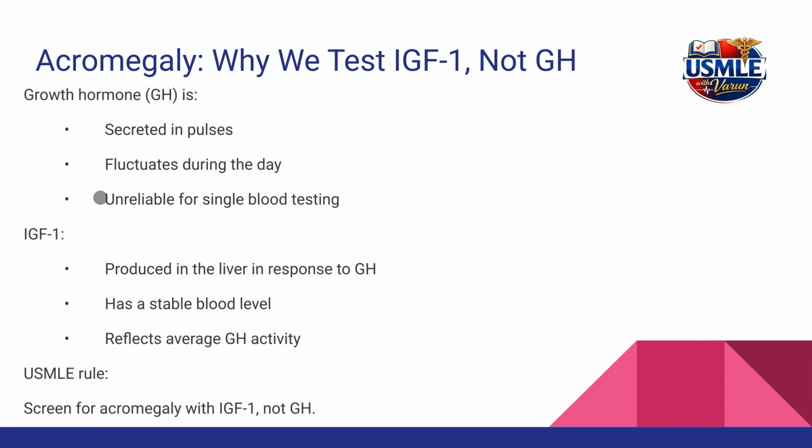IGF-1 is produced in the liver in response to growth hormone and has a stable blood level. Therefore, we screen for acromegaly using IGF-1, because it reflects average growth hormone activity.